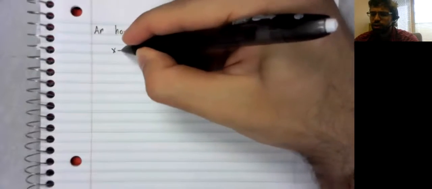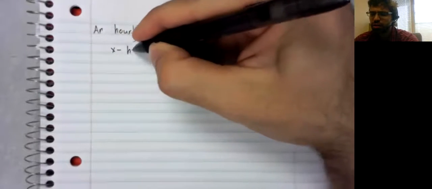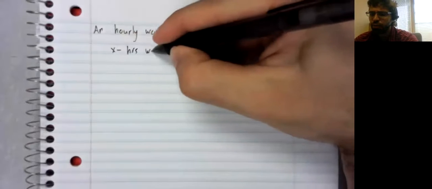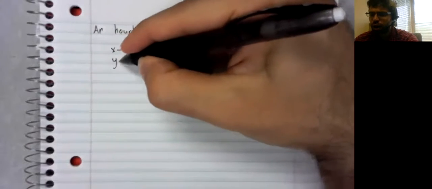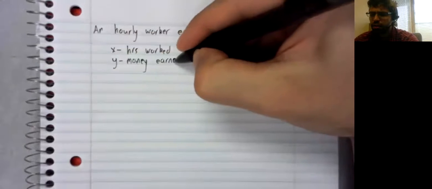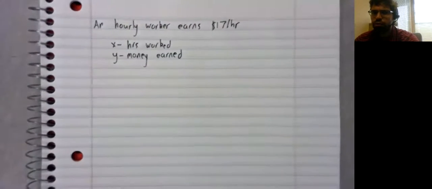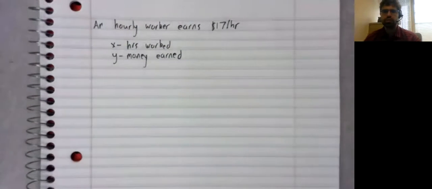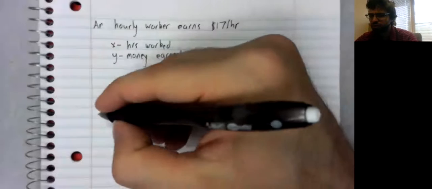So we're going to let X be the hours worked and Y be the money earned.